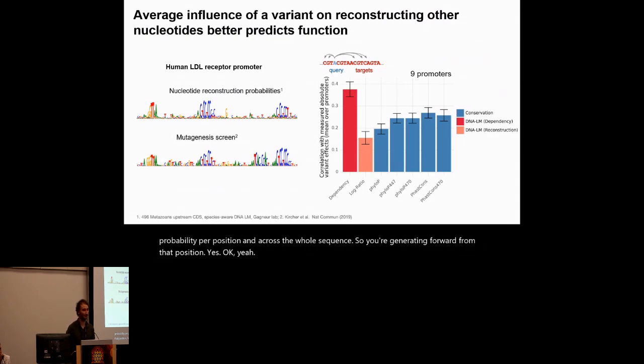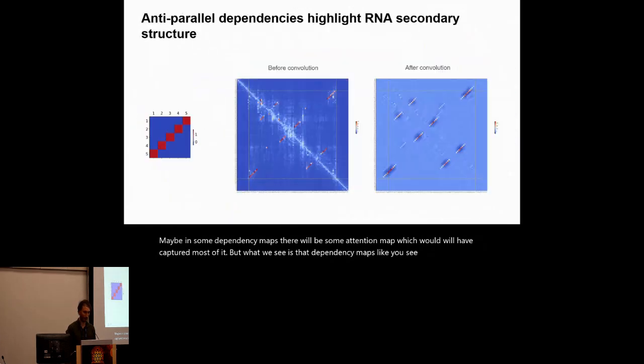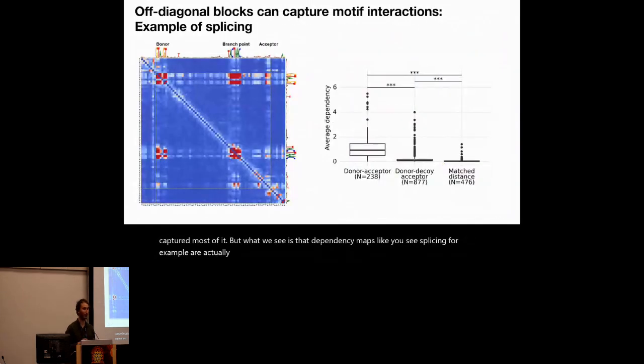I'm just curious how we should be thinking about the relationship between this and attention map approaches. Maybe in some dependency maps, there will be an attention map which will have captured most of it. But what we see is that dependency maps, like the ones you see for splicing, are actually composites of different layers of the model.